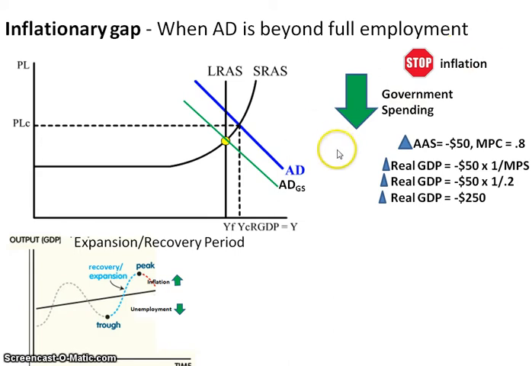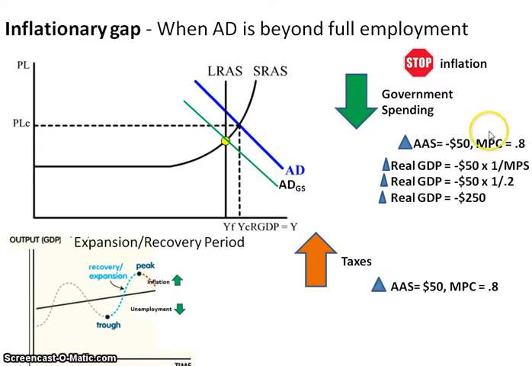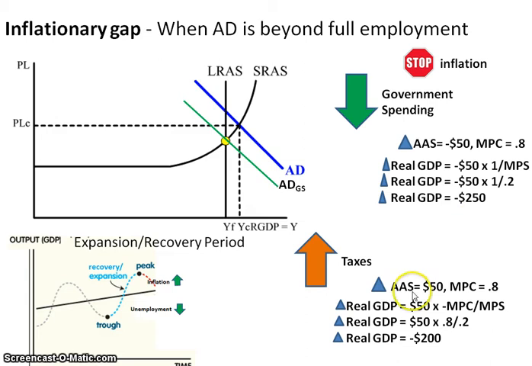So if they want to have the contractionary fiscal policy, instead of decreasing government spending, they could increase taxes. And so if they were to increase taxes by $50 and you had that MPC of 0.8, you would have a change in real GDP here with the tax multiplier of negative MPC divided by MPS.